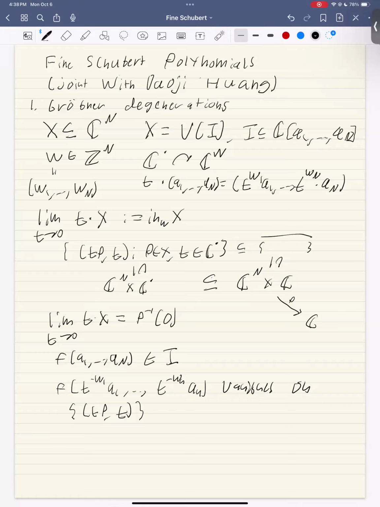And if you multiply through by the least power of T that you can, then you will get some polynomial on C to the n times C. And when you set T equal to 0, you will get something non-zero which vanishes on this initial degeneration of X. So, clear denominators in a minimal way.